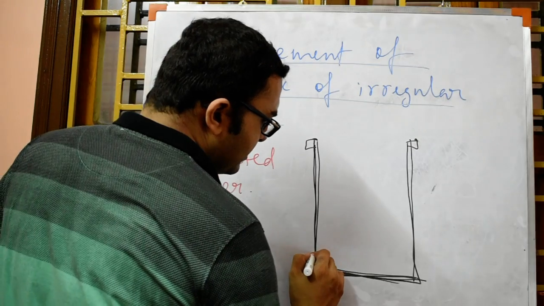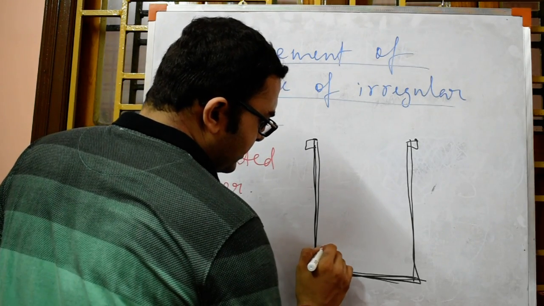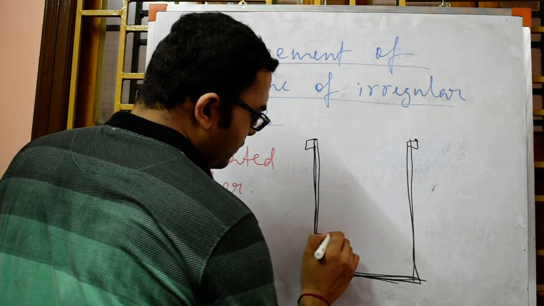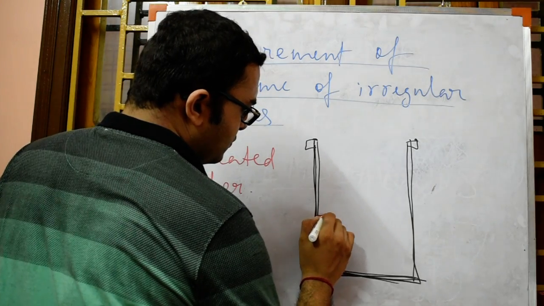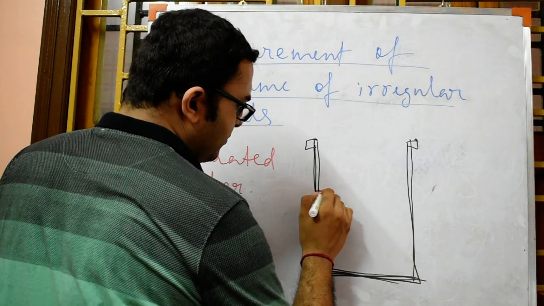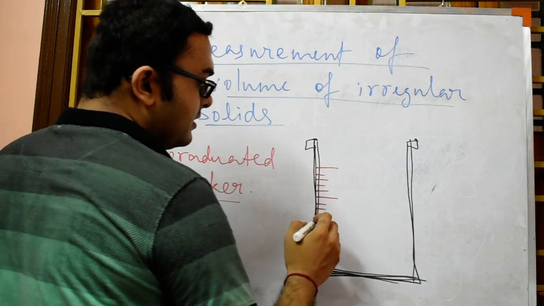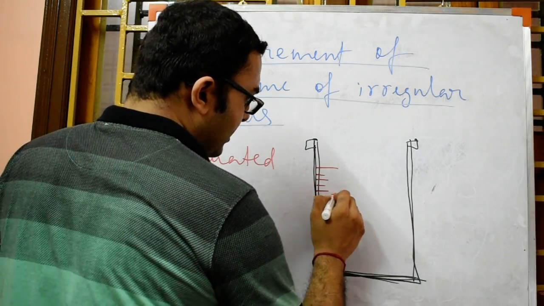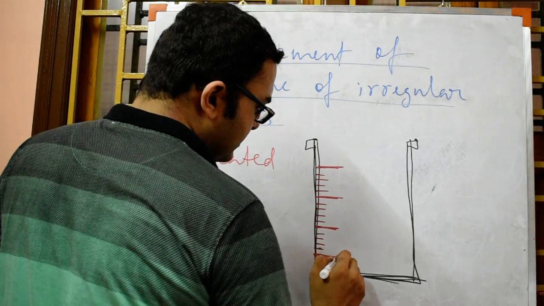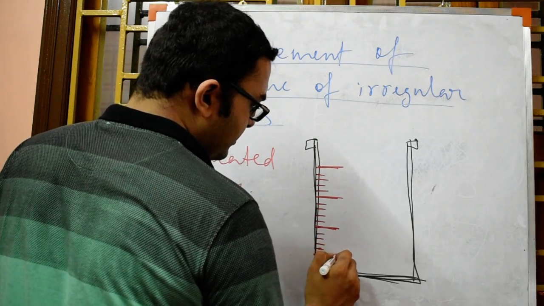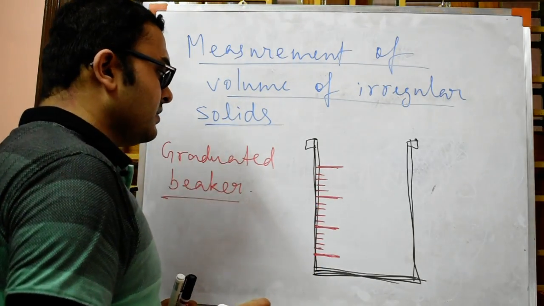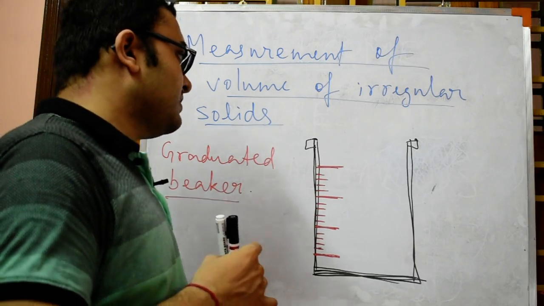If you look at the glass body, it will have markings like 1, 2, 3, 4, then again 1, 2, 3, 4, and so on. This is the main feature of a graduated cylinder. I think it is now very clear to you what a graduated cylinder is.